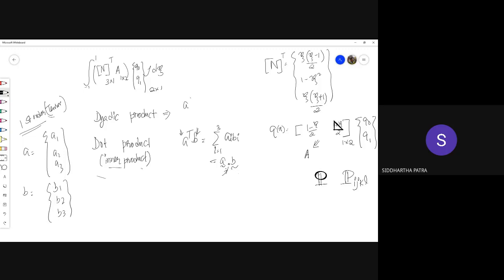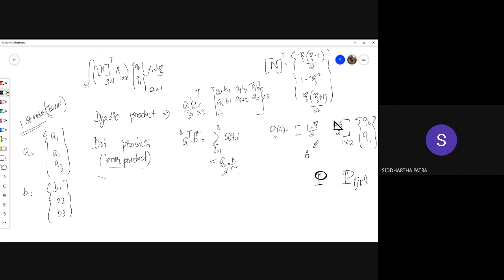A dyadic product is, let's say, if I do a b transpose or b a transpose, so that also is allowed. You see, a has a size of 3 cross 1 and b has a size of 3 cross 1, but when I take a transpose it is 1 cross 3. So the product would be a matrix of size 3 by 3, and that would look like this: a1 b1, a1 b2, a1 b3, a2 b1, a2 b2, a2 b3, a3 b1, a3 b2, a3 b3.